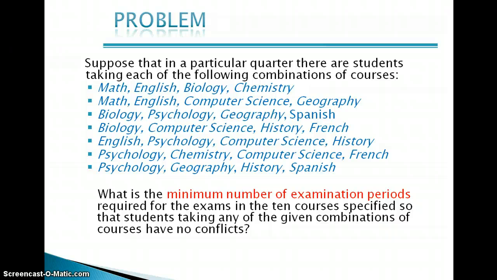Each student has 4 subjects, with different combinations. We have to find the minimum number of exam periods. We have to complete the exams in the minimum number of days, but no two exams of the same student can run in parallel, because if math and English run on a single day, then a student cannot give both exams. So we have to take that into consideration.